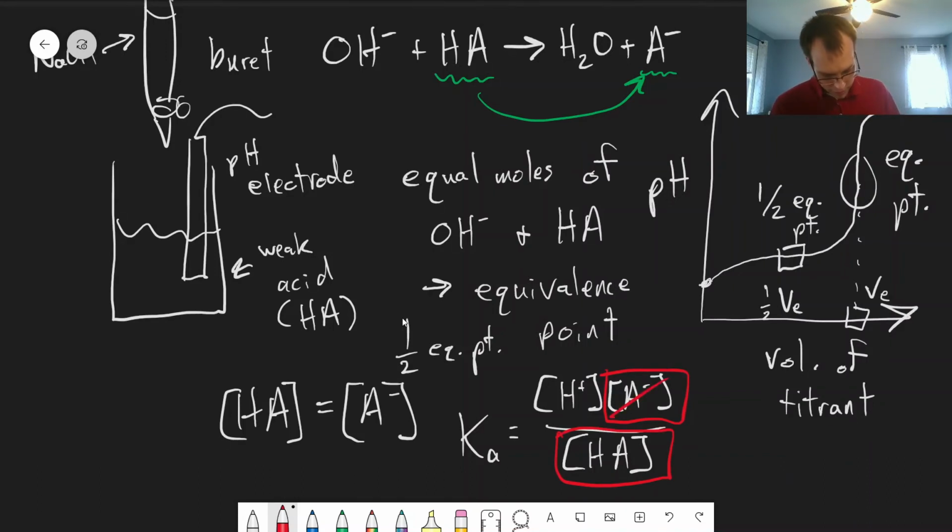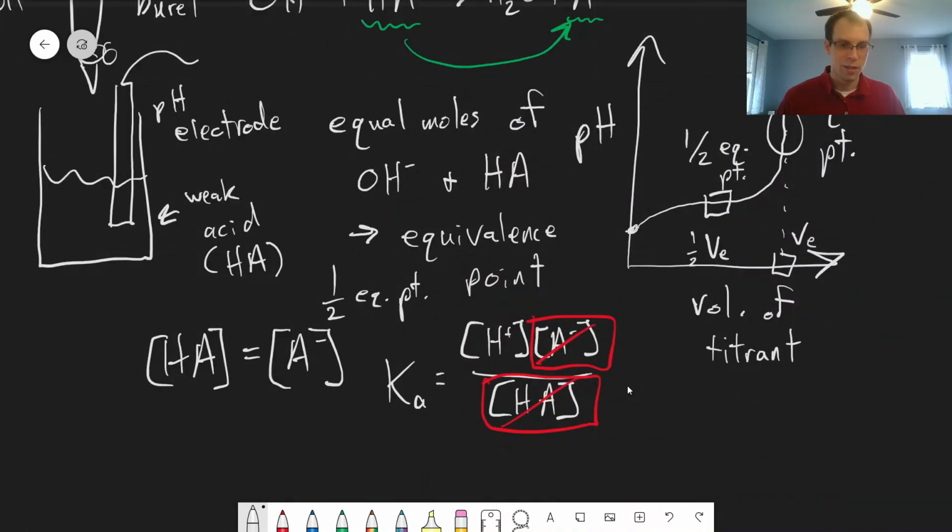And so in this relationship, these cancel out. The concentration of H plus is going to be directly related to Ka at this point. So we can write that Ka equals the concentration of H plus.